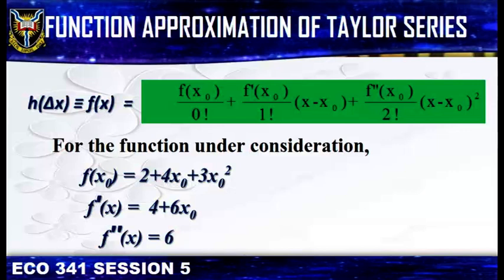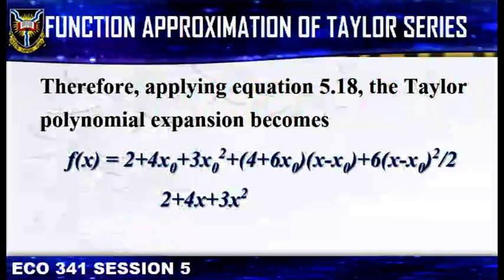For the function under consideration, f(x₀) is equal to 2 plus 4x₀ plus 3x₀². f′(x) is equal to 4 plus 6x₀. f″(x) is equal to 6.